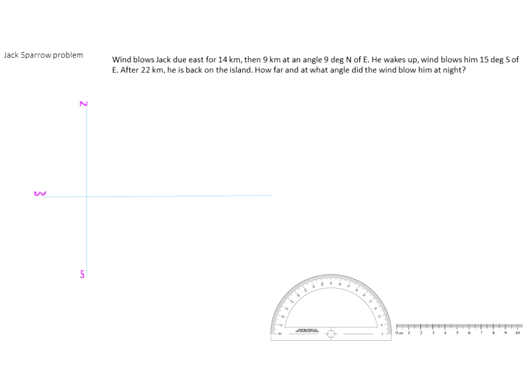So 14 kilometers, we need some sort of a scale. Now I could go 14 centimeters, so 1 kilometer is 1 centimeter, but that would get pretty long. My ruler isn't that long. I truncated it. And also, even if I did have a full-length ruler, 22 centimeters is pretty long. So let's just say that 1 centimeter, let's put this in red.